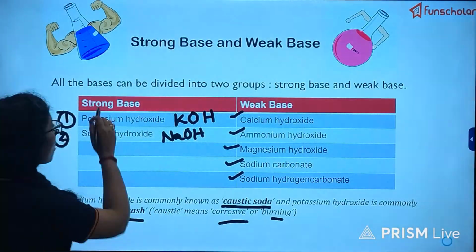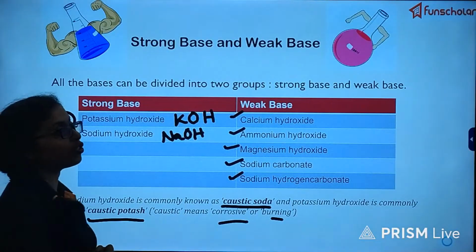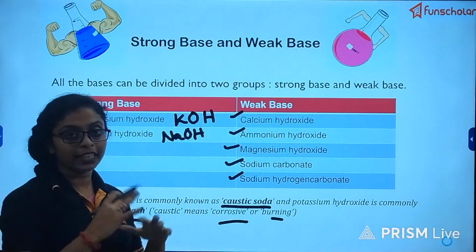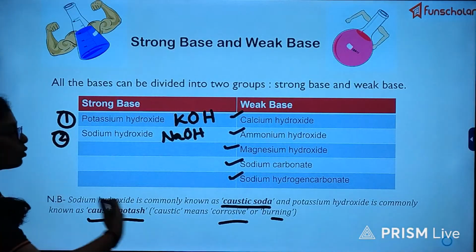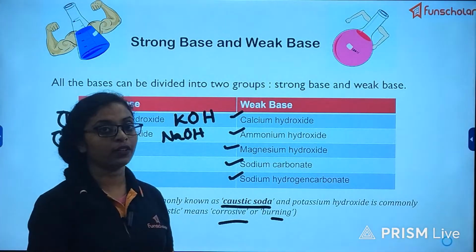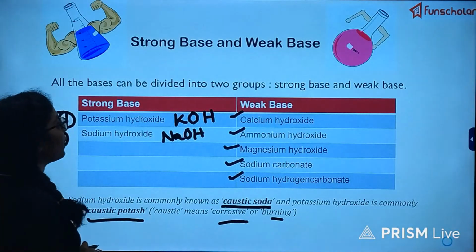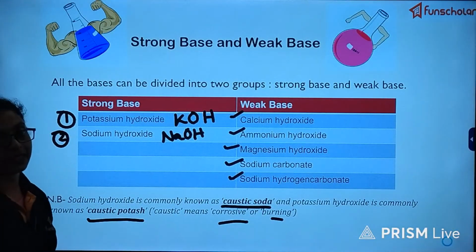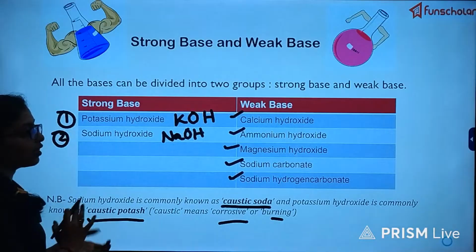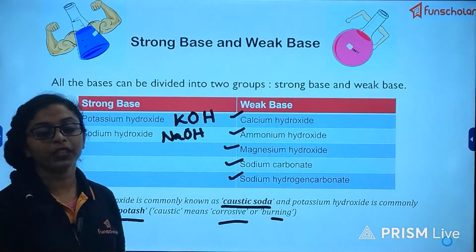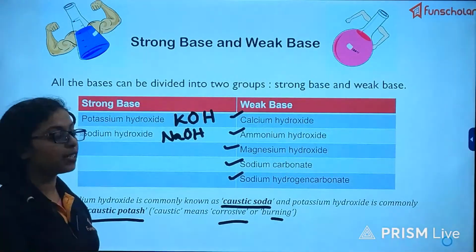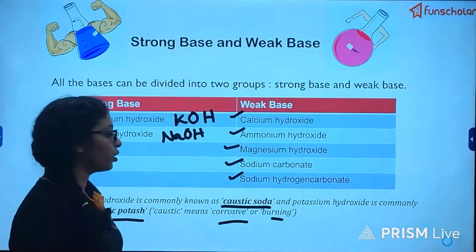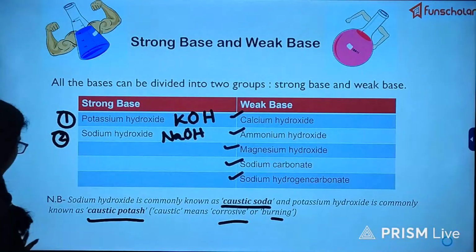So strong bases are also dangerous for daily use. You have to follow some precautions when dealing with such strong bases or acids. Being corrosive is not a unique property of acids. Strong bases can also prove corrosive, or burning.